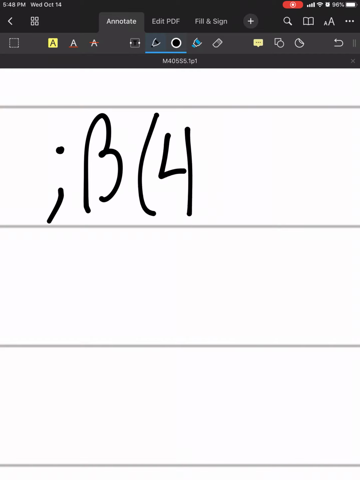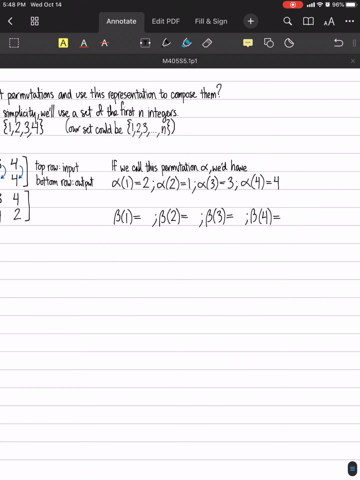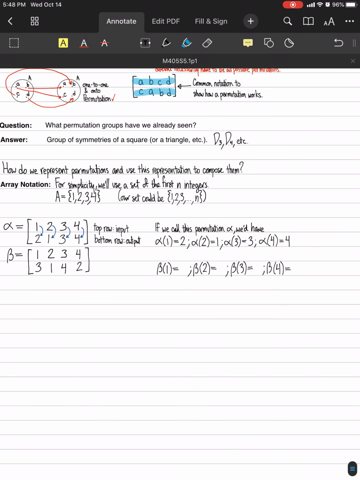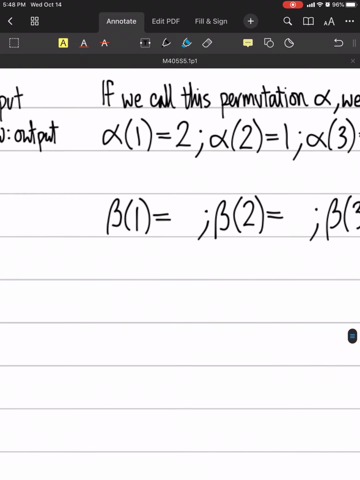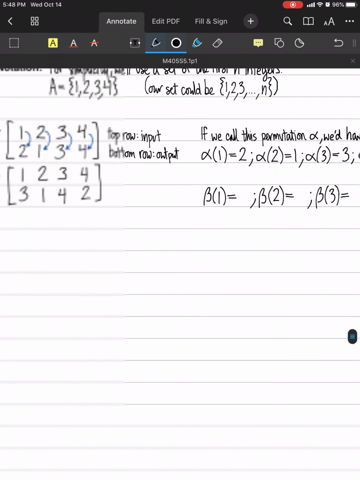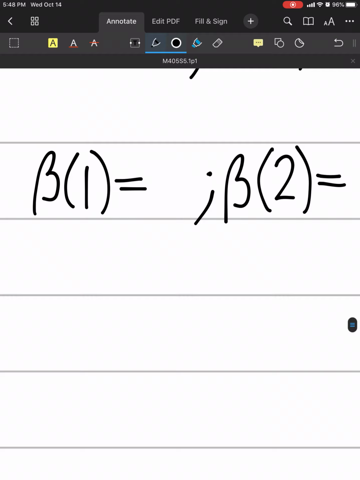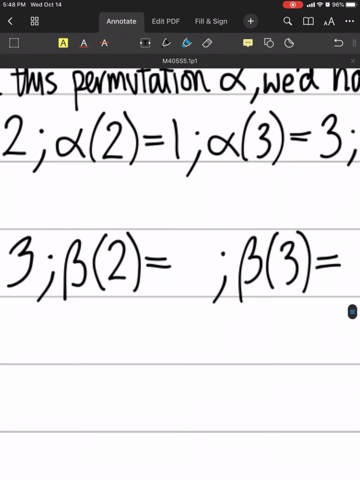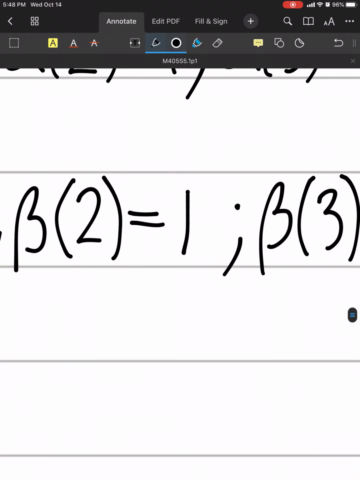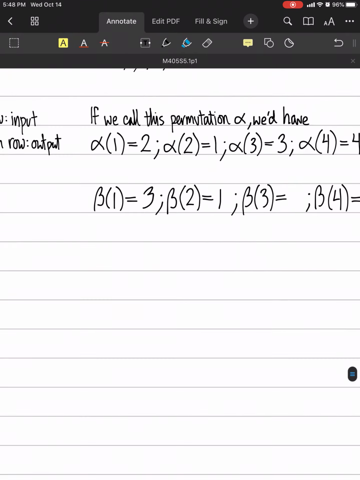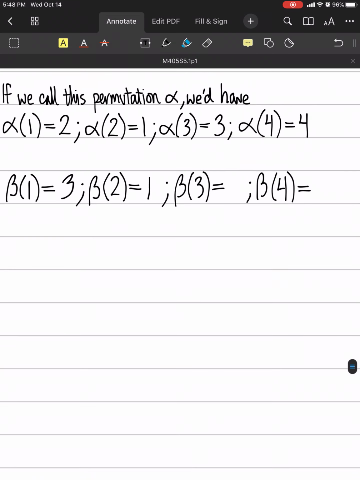Don't worry, I'm going to zoom out so you can look at it. Pause the video and find out what each of these is. All right, if you're done, we find beta of 1 is 3. Beta of 2, we said in this case, was 1 again.